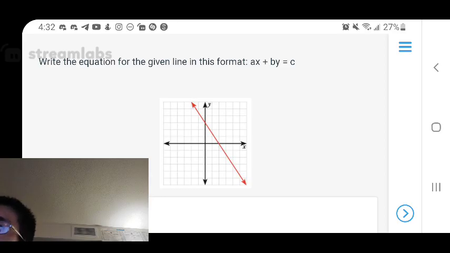It's like a system of equations. You know 2 comma 0, you know 0 comma 3.